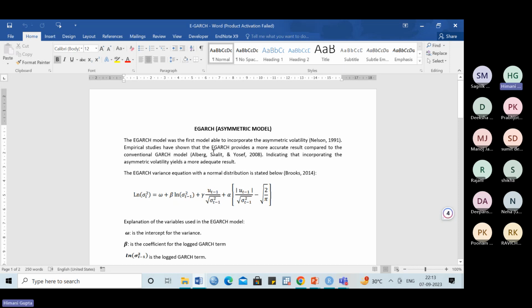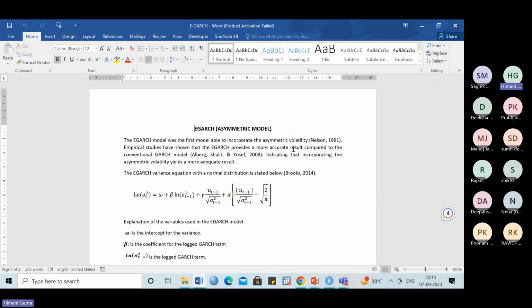And these are some of the research papers that have studied and shown that EGARCH gives more accurate results, as I was telling you, that many researchers have done. Even one of my research papers that is going to be published recently, it has been accepted, and maybe it will be published within 1 or 2 months. In that, I have taken various models, and I also found that the EGARCH model is the best model among various countries.